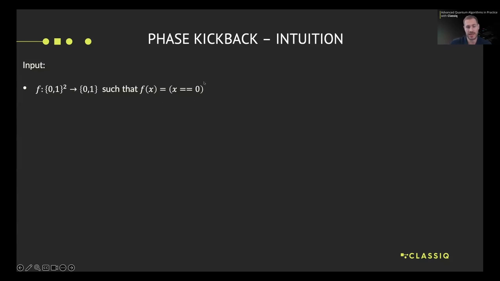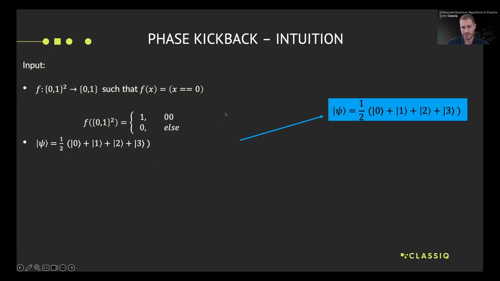So f of x equals 1 if x equals 0. So what does it mean? Only when we receive the bit string 00, the value of the function is 1. Otherwise, it's 0. Okay? And the second input that we'll have is an equal superposition of all the values between 0 and 3.